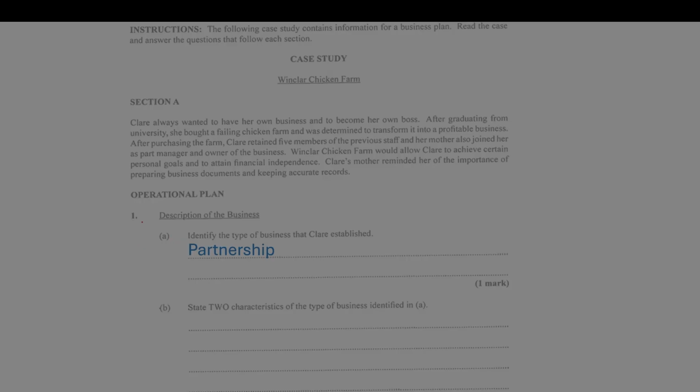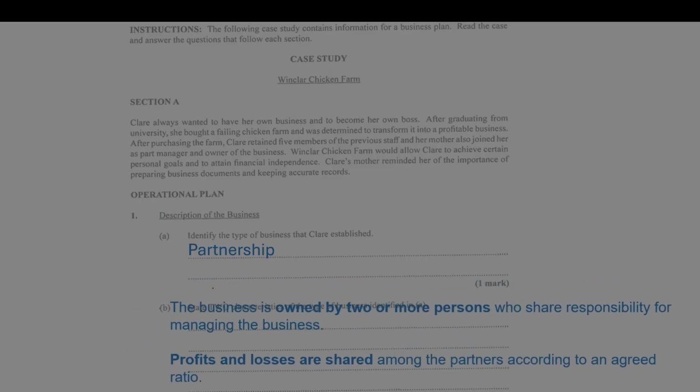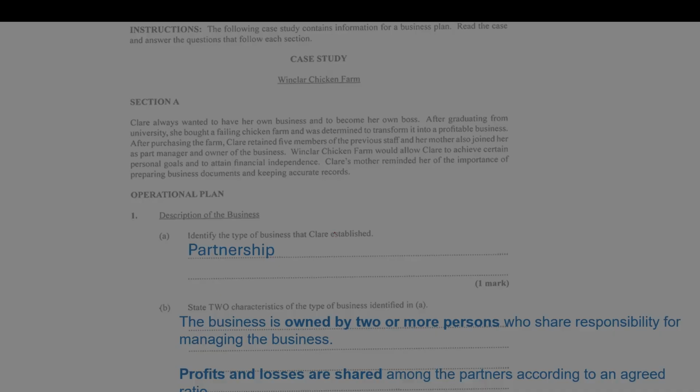Part B, state 2 characteristics of the type of business identified. So 2 characteristics of a partnership. Firstly, the business is owned by 2 or more persons who share responsibility for managing the business. Secondly, profits and losses are shared among the partners according to an agreed ratio.